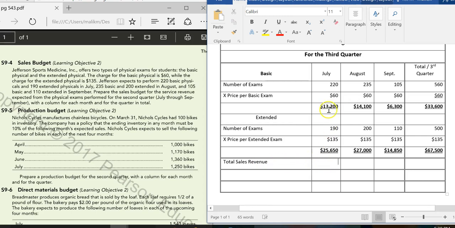So for July, the revenue from the basic exam is 13,200. For the extended exam, 25,650. If you add these two, 13,200 plus 25,650, I got 38,850.